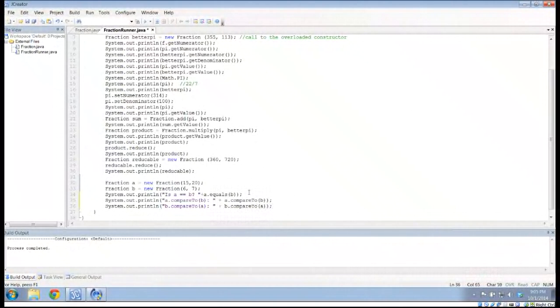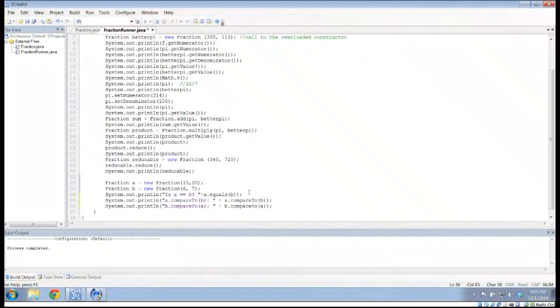And the thing is, because we're talking about two fractions comparing themselves to each other, they should be the same value. That number part should be the same. The only thing that should be different are the signs. One should be positive and one should be negative.